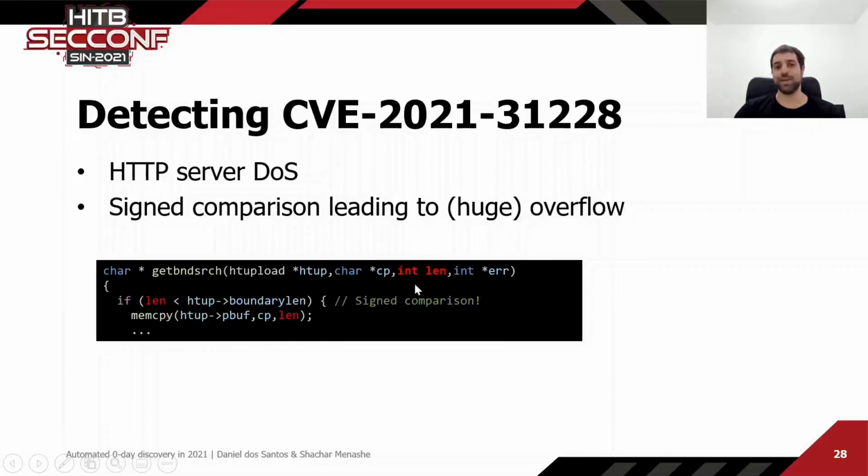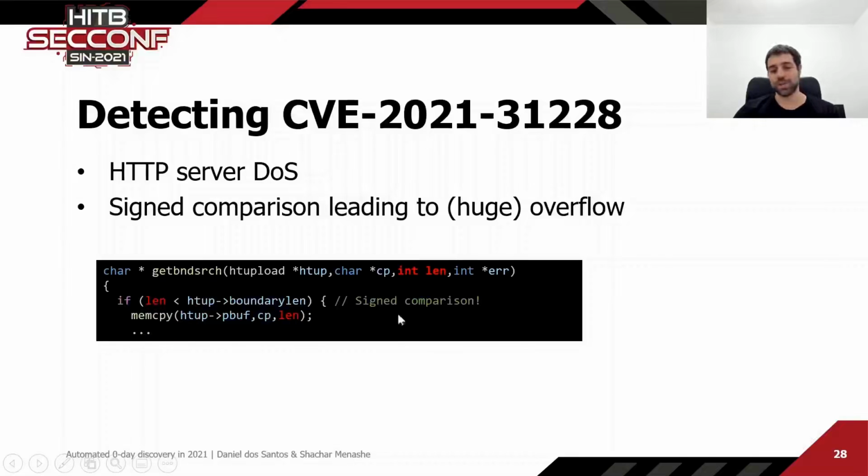So this is a signed comparison and not unsigned. So if len is negative, this branch will be taken, which is bad. It's not supposed to happen. And then we have a memcpy with a negative value here, which is a huge unsigned value, of course. And then we get a denial of service because we get a huge memory copy operation.